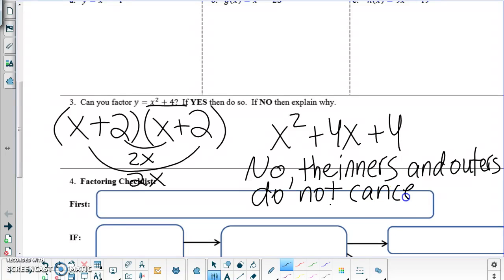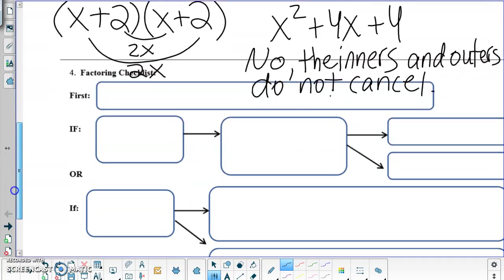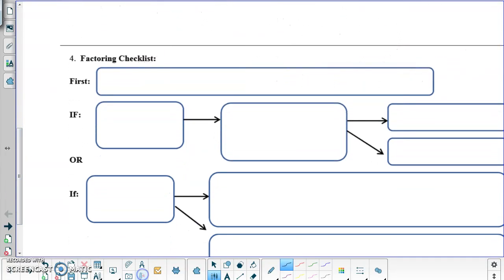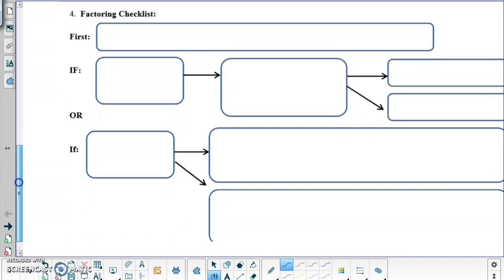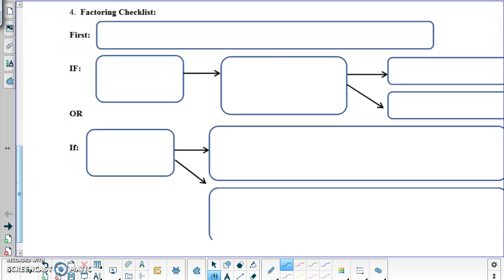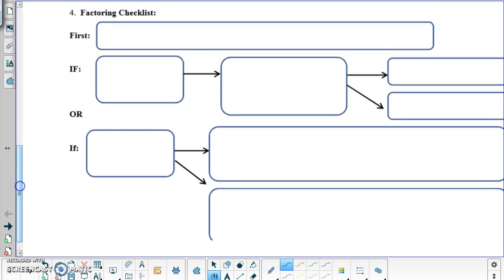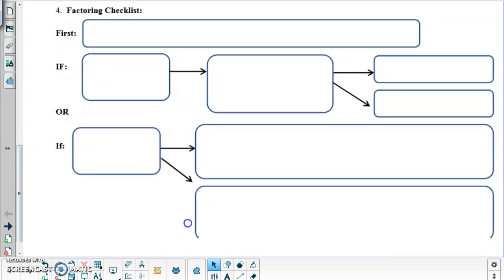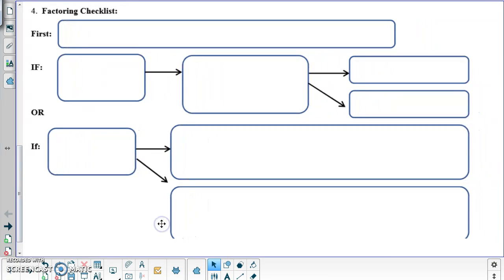All right, so I know I'm kind of working to your number 4 checklist, but I'm just going to erase this and restart. I wanted to make this graphic organizer for you, so when we factor, you want to check it off one by one. The first thing you always want to do is factor out the GCF, if possible.